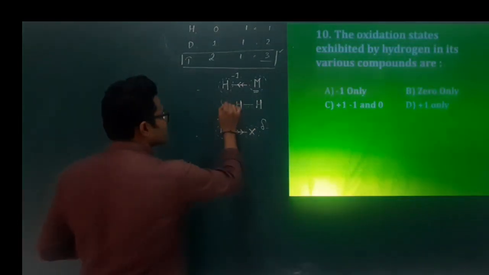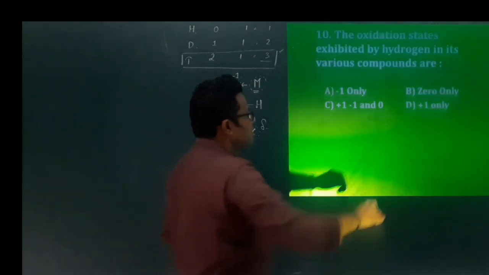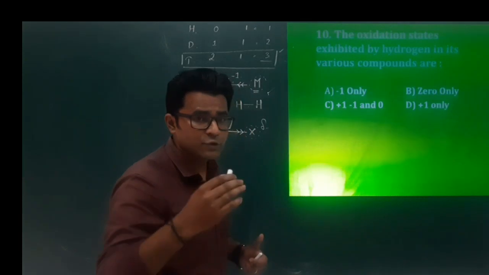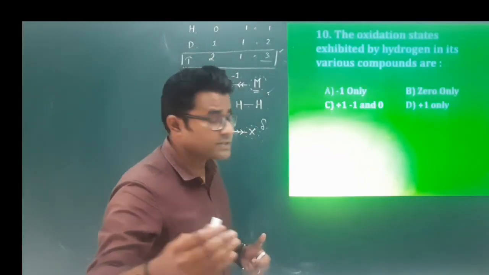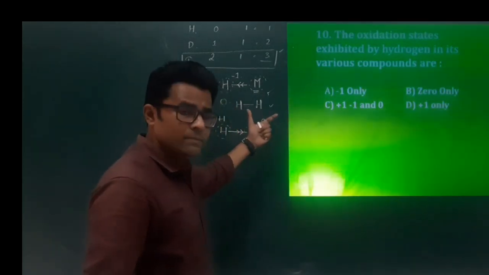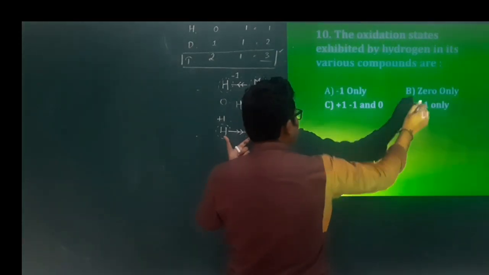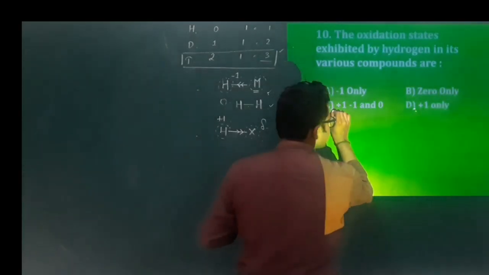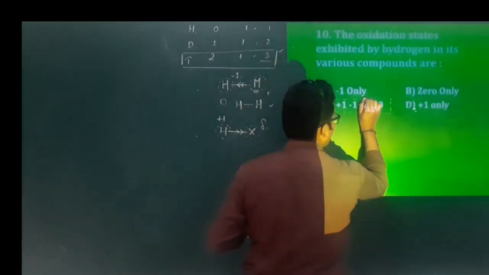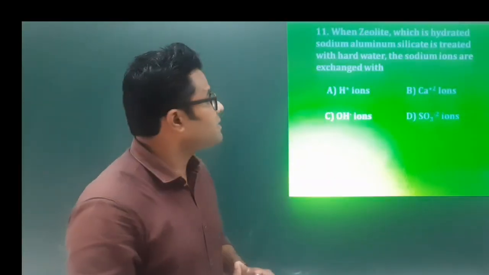So we have three options: -1, 0, +1. A, -1 is in metals connected to hydrogen, metal hydrides. B, 0 is for this one in the center. And here is a +1 for this. We will say that hydrogen is going to exhibit all three oxidation states, that is +1, -1, and 0.